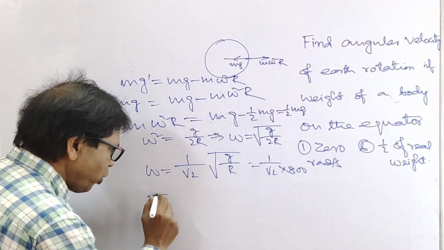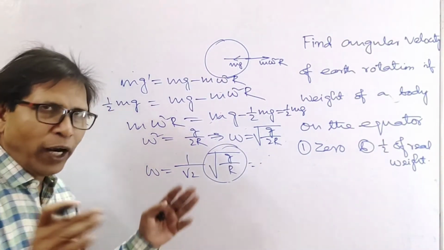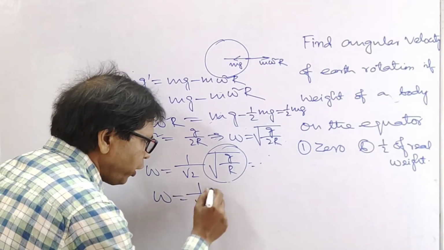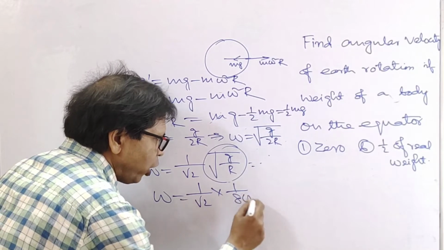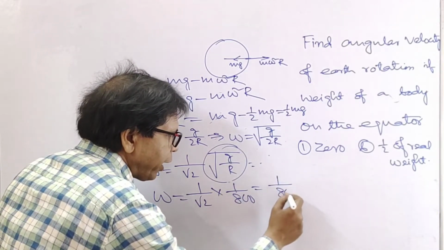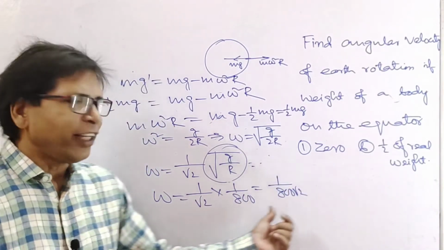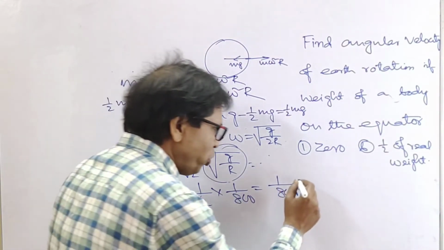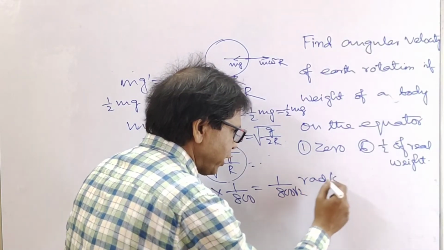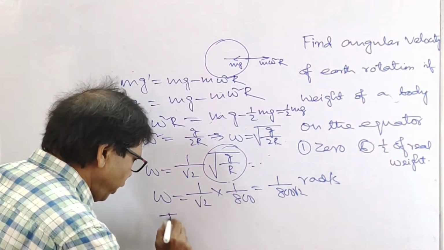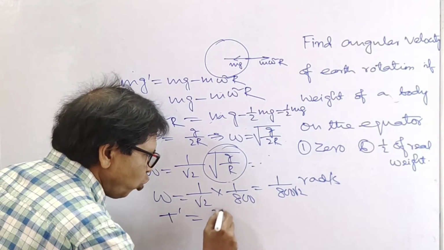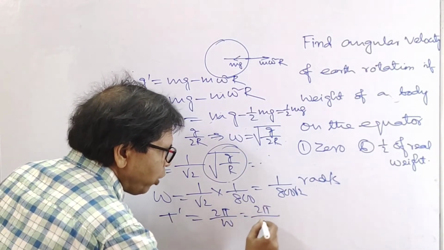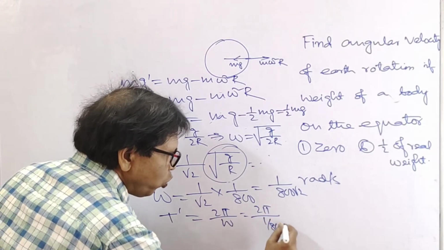What will be the period? As root under g by r equals 1 by 800, omega equals 1 by root 2 into 1 by 800, so this is 1 by 800 root 2 radian per second, the angular velocity of Earth's rotation. So the duration of day t dash is 2 pi by omega, which is 2 pi by 1 by 800 into root 2.